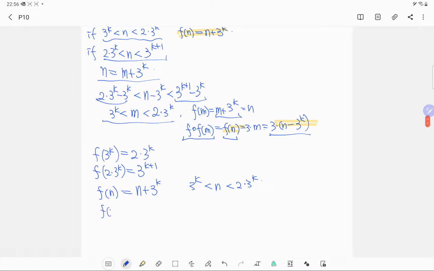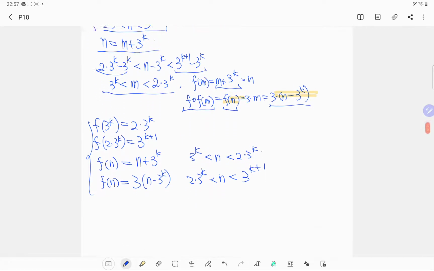And f of n should be 3 times n minus 3 to the kth power if n is larger than 2 times 3 to the kth power and is smaller than 3 to the k plus 1 power. Actually, all these four conditions also cover all the natural numbers.